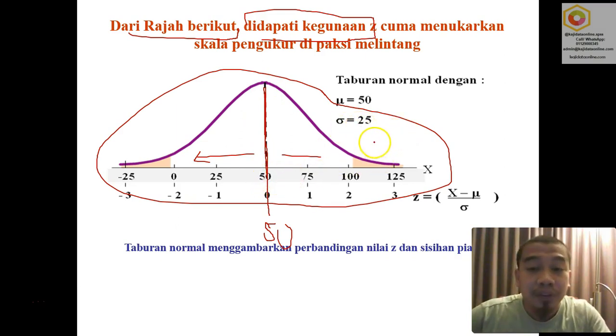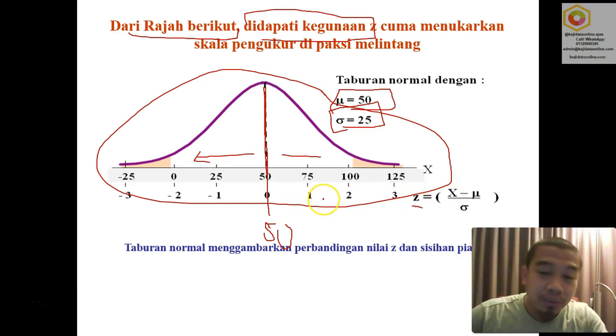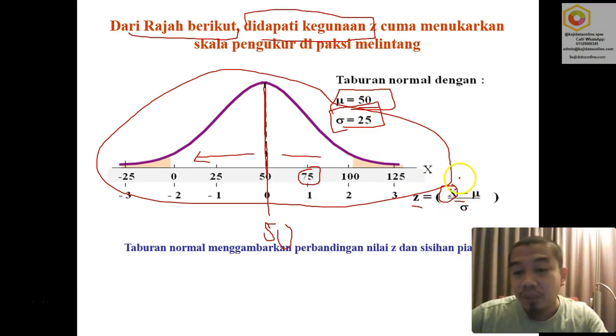This is just a simulation: if the standard deviation is 25 and the mu, or the mean, is 50, we can calculate that z is equal to 1. If x is 75, for example, we take the 75 on the x, minus the mu of 50, and divide by 25. We get 25 over 25, which is equal to 1.